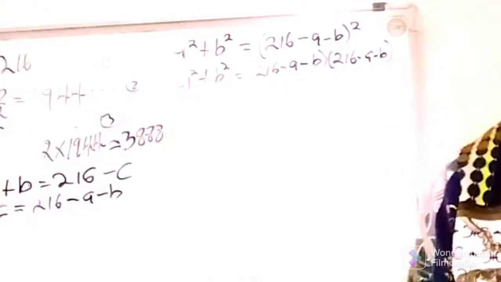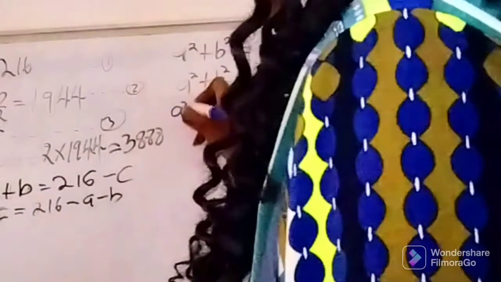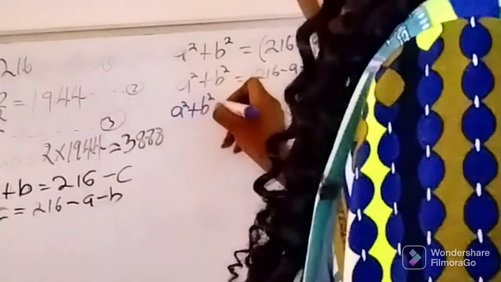So 216 squared, using my calculator, we say A squared plus B squared.